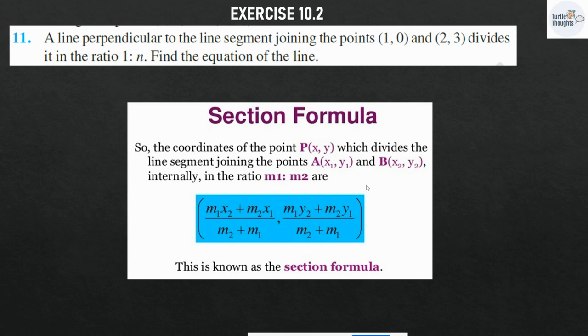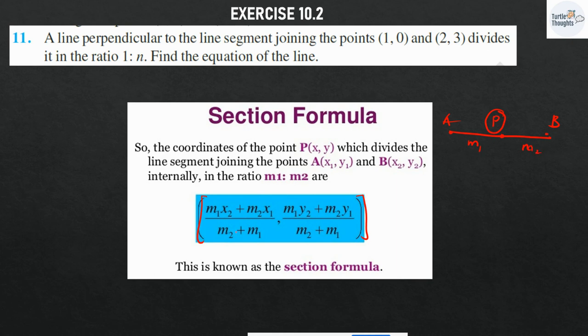So I'll be going to question number 11. Before I go to question number 11, I just wanted to discuss the section formula, because we have to use the section formula over here. So if there is a line AB, and there is another point P such that it divides the line AB in the ratio M and N, then the coordinate of P is given by the section formula, which is M1 into x2 plus M2 into x1 divided by M2 plus M1, or here they have taken M1 and M2 as the ratios.